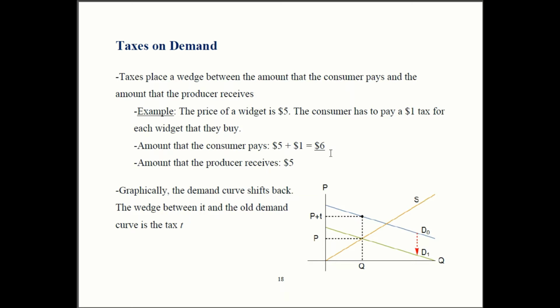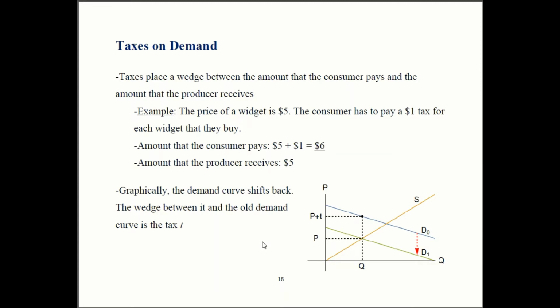From their point of view, the widget costs them $6 each. Out of that $6, only $5 ends up in the producer's pocket, because the other $1 is transferred to the government. So that tax is a wedge, a gap between what the consumer is paying and what the producer is receiving.